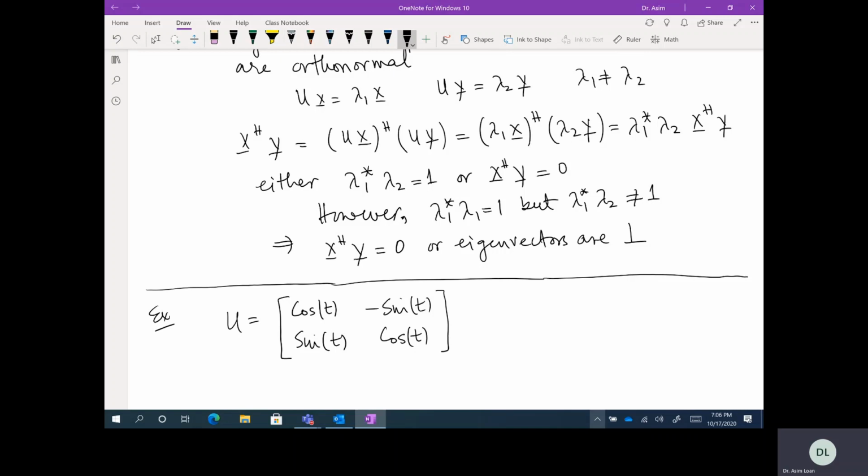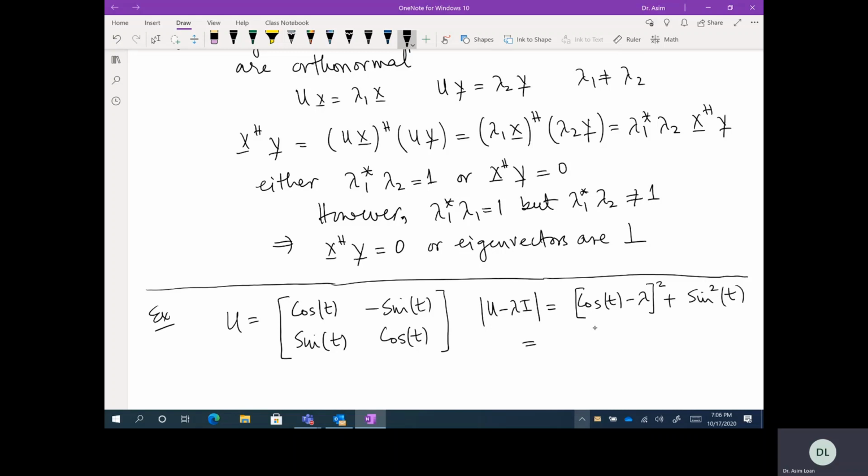So if I compute the eigenvalues, the determinant of U minus lambda I is (cosine t minus lambda) squared plus sine squared t.